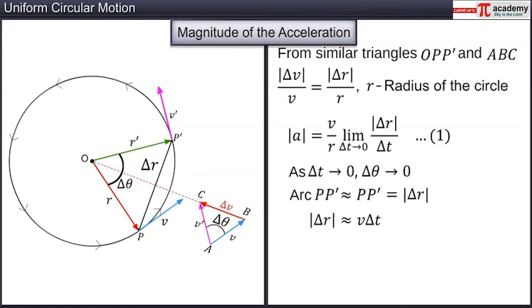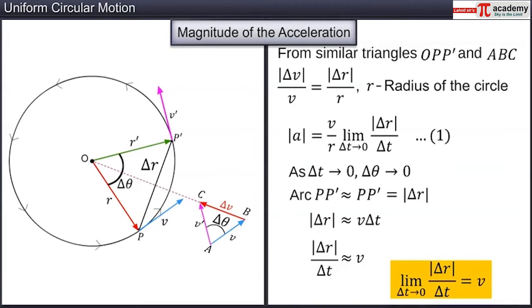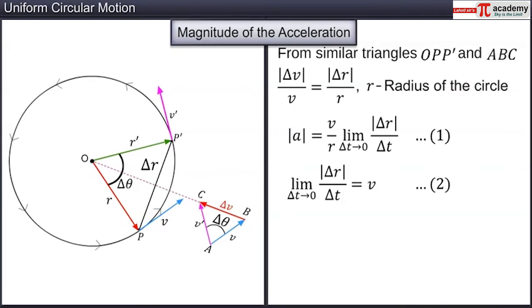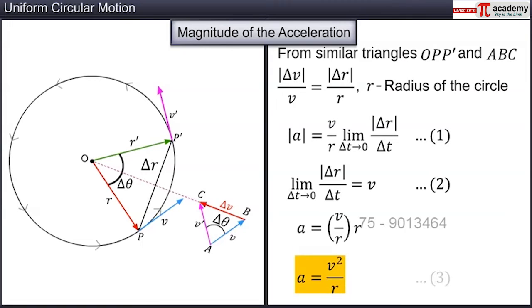This can be written as magnitude of delta r by delta t is approximately equal to v, which implies limit delta t approaches 0 of magnitude of delta r by delta t is equal to v. Let this be equation 2. Substituting equation 2 in 1 and simplifying, we get a is equal to v square by r. Let this be equation 3.